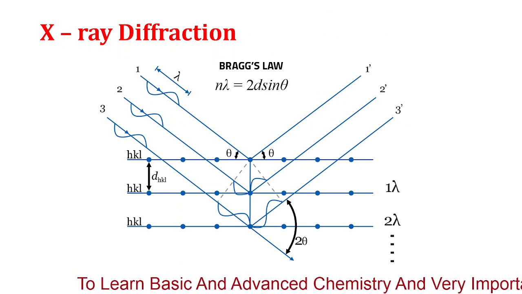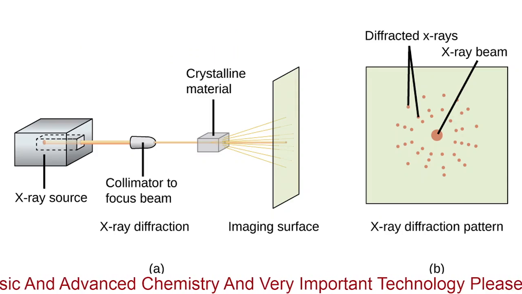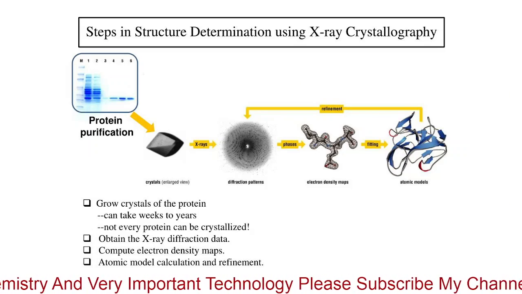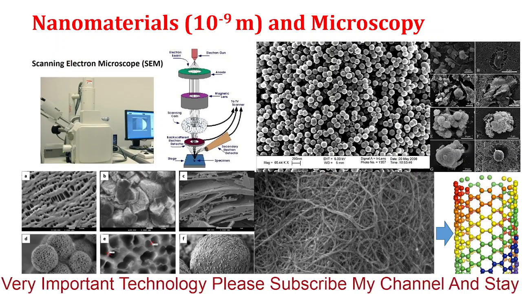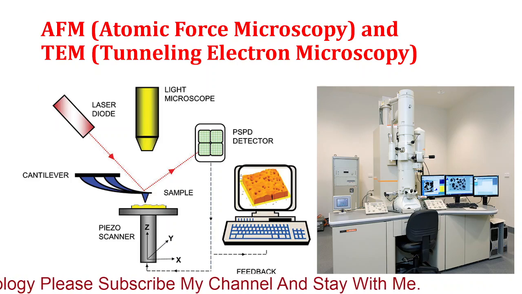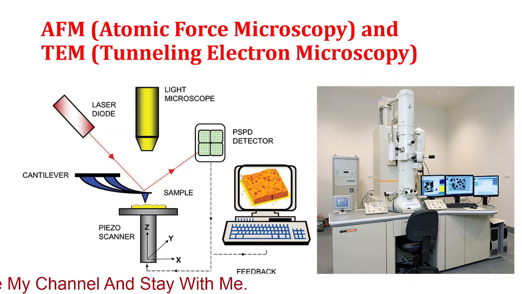In the last class I mentioned what we can use for X-ray diffraction. We have something very interesting, atomic force microscope, mass spectroscopy, tunneling microscope. We are not going to show them.